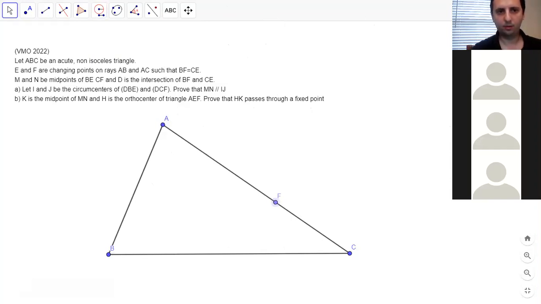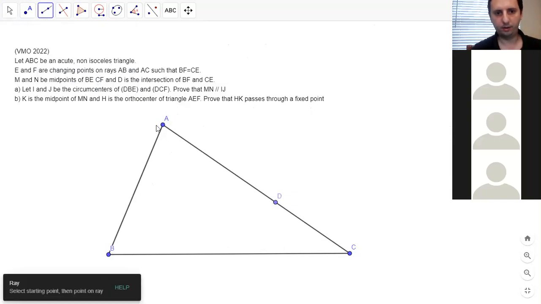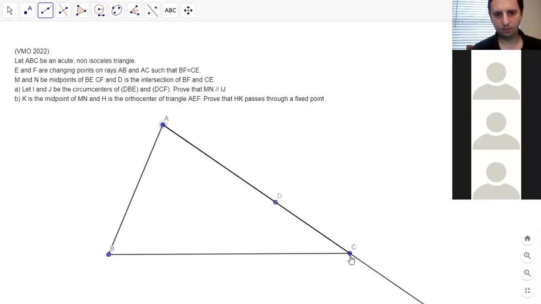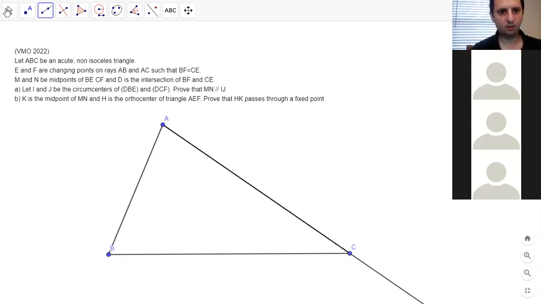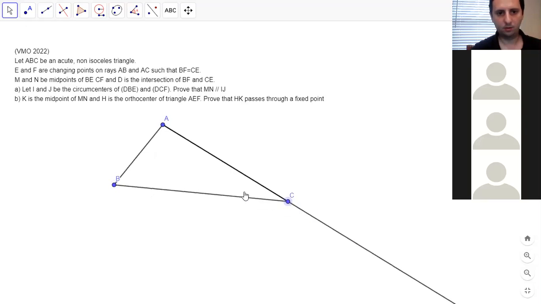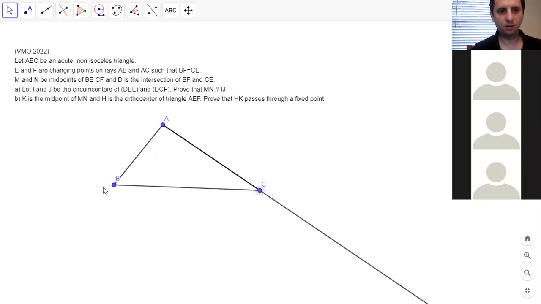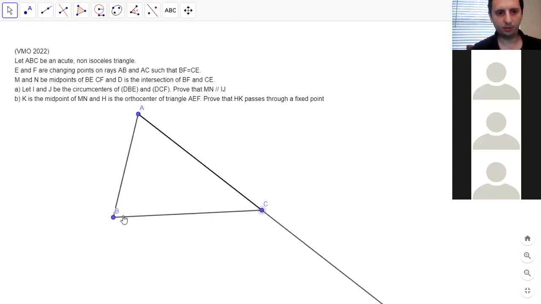Sorry. So I have this ray. Okay, so I'm going to draw those two rays.